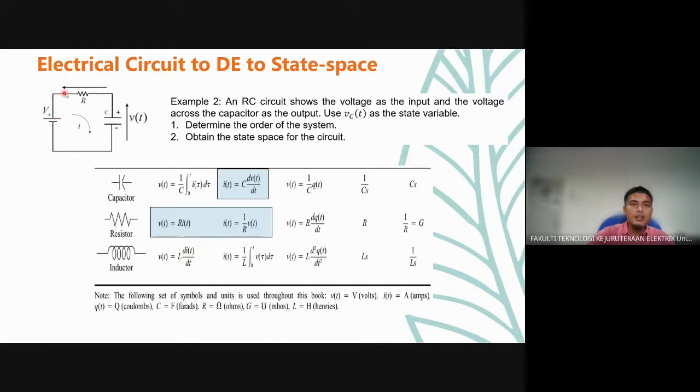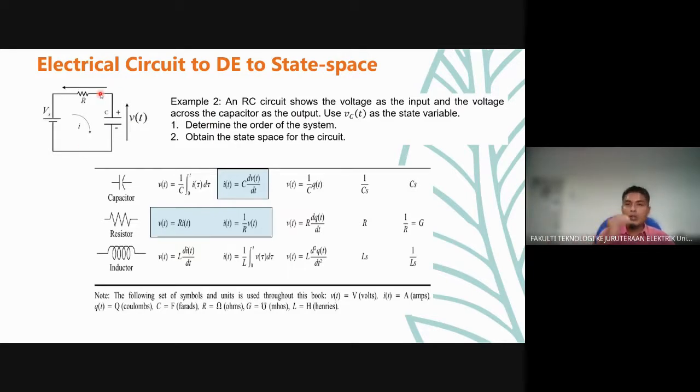And then after that, these are the components in the circuit. Then you must know where your output is. In this case, the output for this circuit is the voltage across the capacitor, because I already told you in the example.